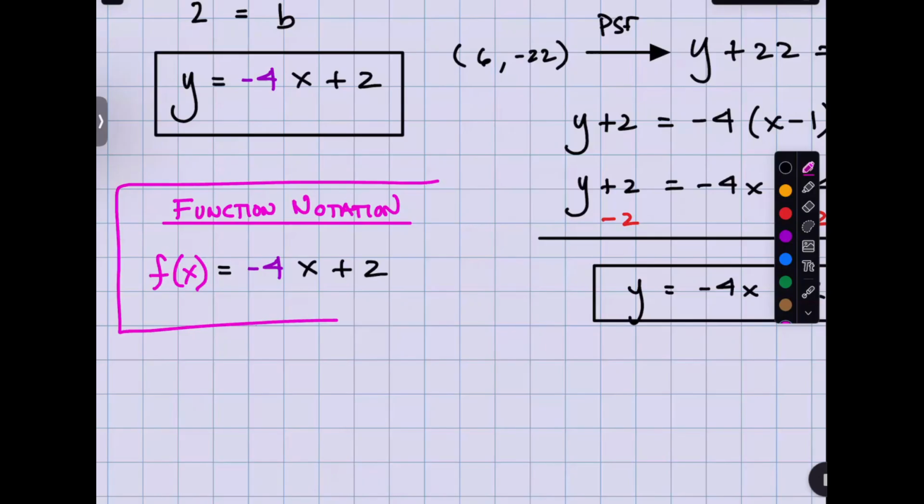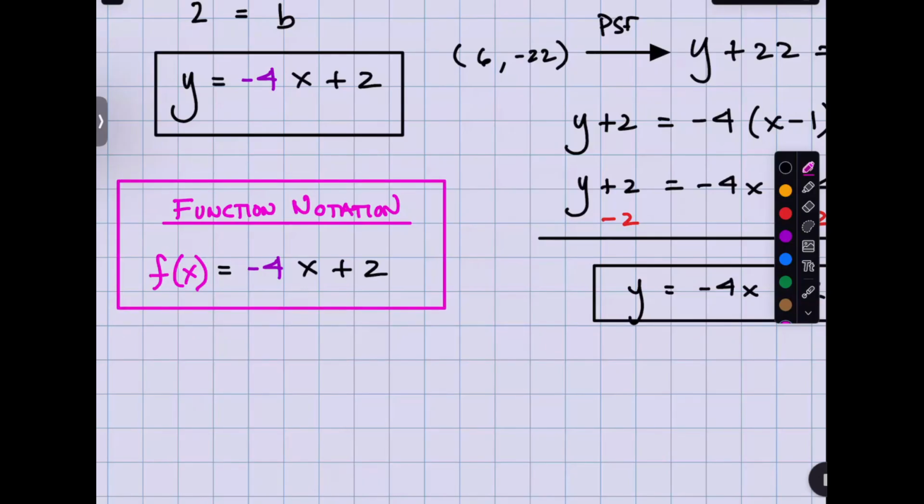That is what changed. All we're doing is replacing the y with f of x. So in function notation, we're just replacing the y with f of x. That's it.